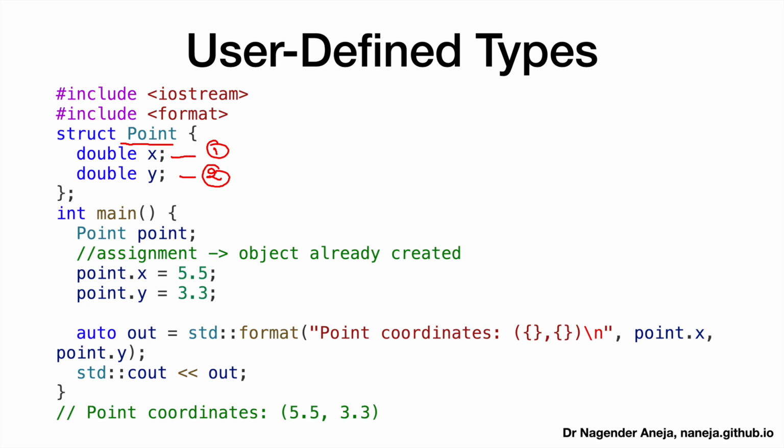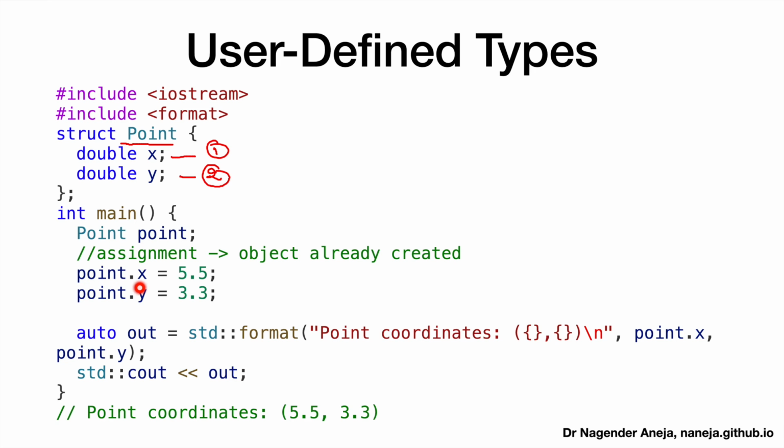So that is why we created another data type which is called the point. And if we want to create an object of point, we can write it as a point and then the point here. And we can assign these values. So for example, here we have not assigned the value of x and y, not initialized, but we can assign it now.